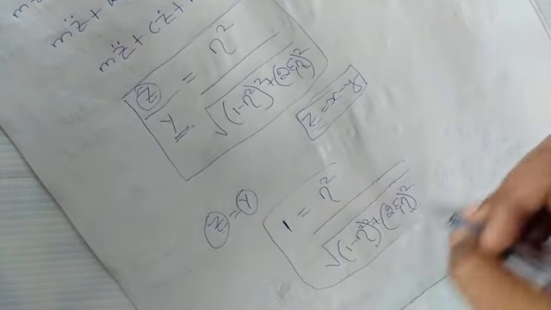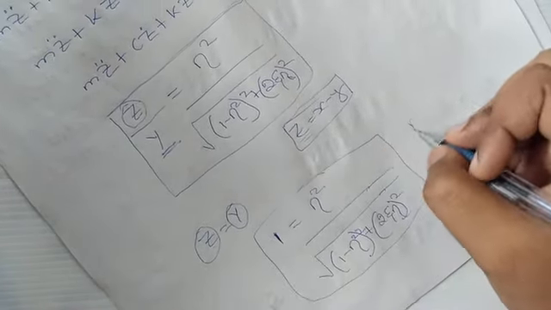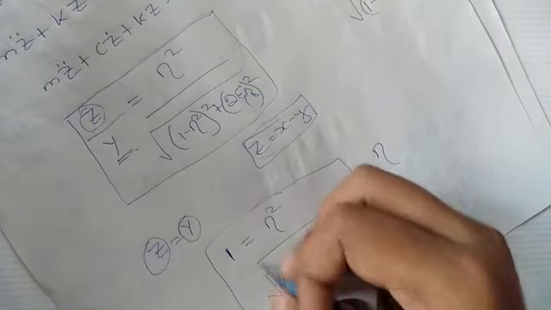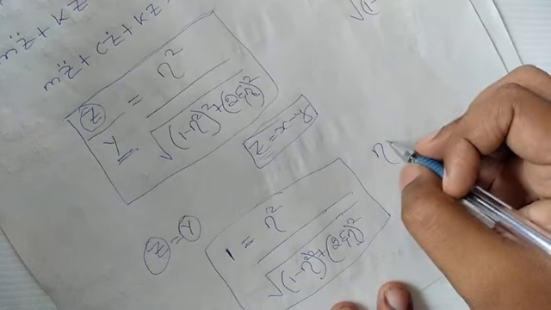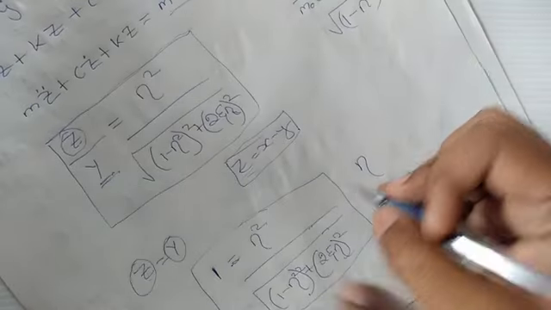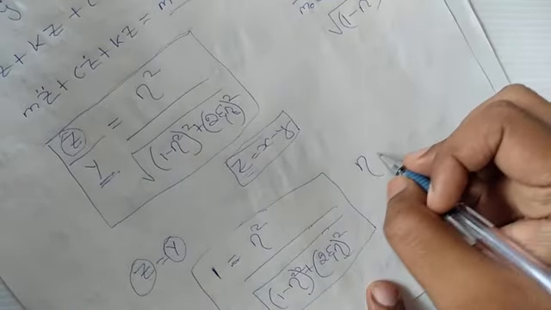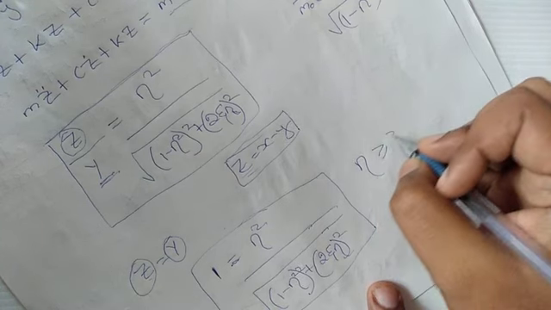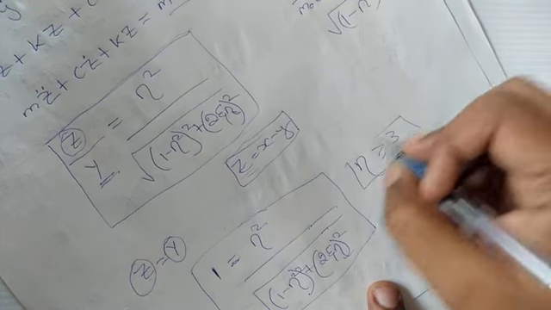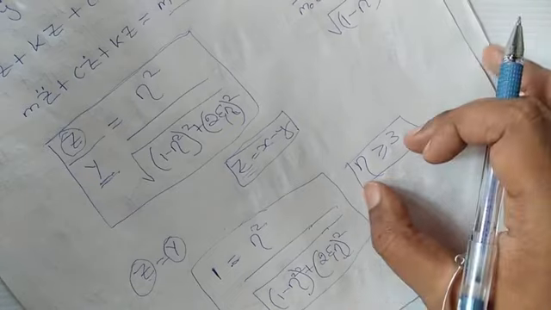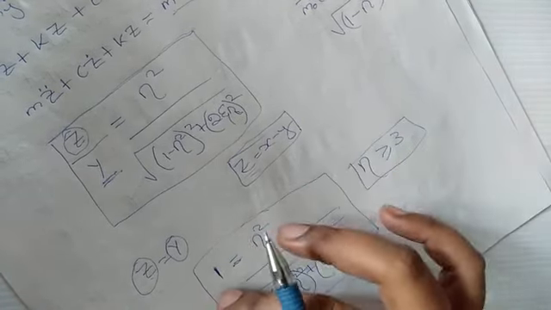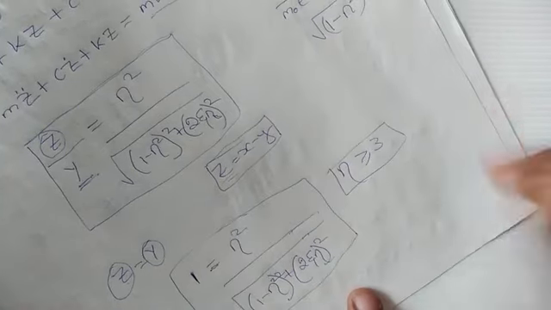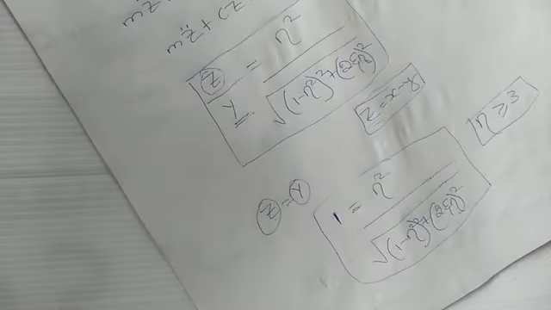So if this equation needs to be satisfied, then eta not necessarily exactly equal to 1 but approximately equal to 1. For this to be approximately equal to 1, eta should be greater than or equal to 3. So if this condition is met, then this whole thing will be approximately equal to 1. So what is the advantage that you are getting?